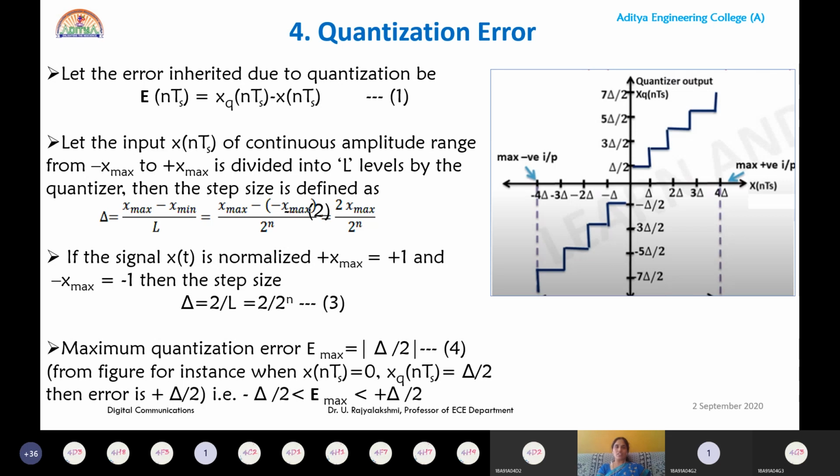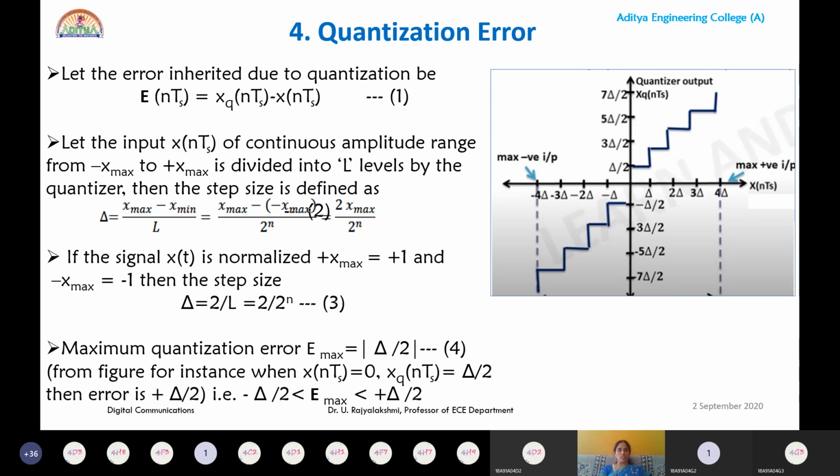What is the minimum extremity here? It is minus x max. So x max minus of minus x max, which is 2 x max in the numerator, divided by 2 power n.